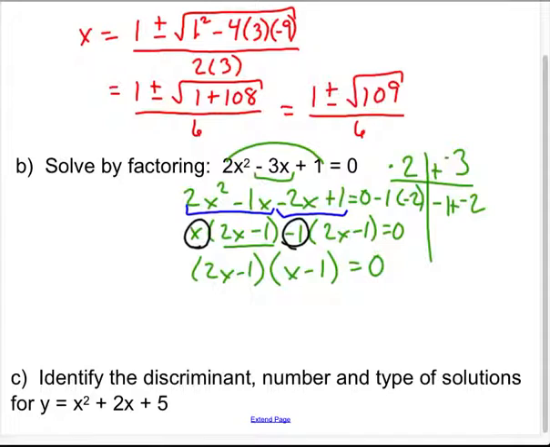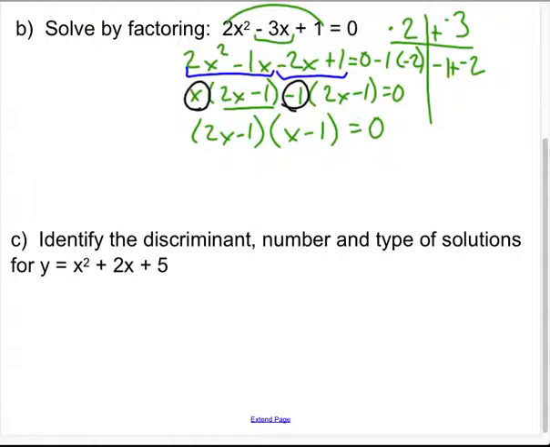So there's the factoring by AC method. Next we have to solve. This is the zero product property, and what that says is that the only way to multiply to 0, notice we're multiplying to 0 because we've got a binomial times a binomial, is to multiply by 0.